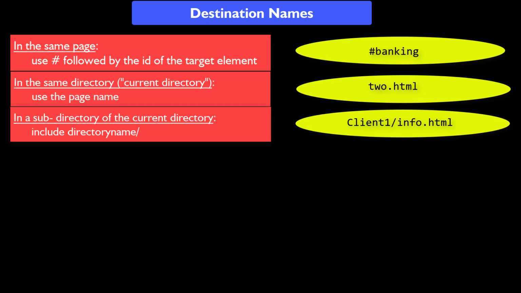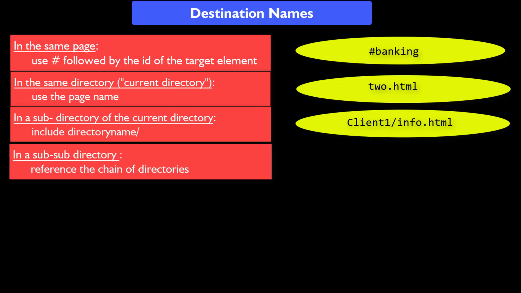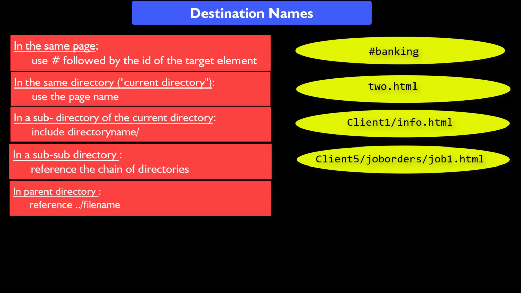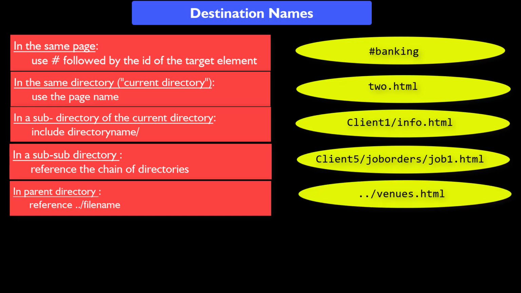client1/info.html. In a subdirectory of the current directory, reference the chain of directories, client5/joborders/job1.html, and so on. In the parent directory, the directory that includes the current directory, reference ../filename, ../venues.html.